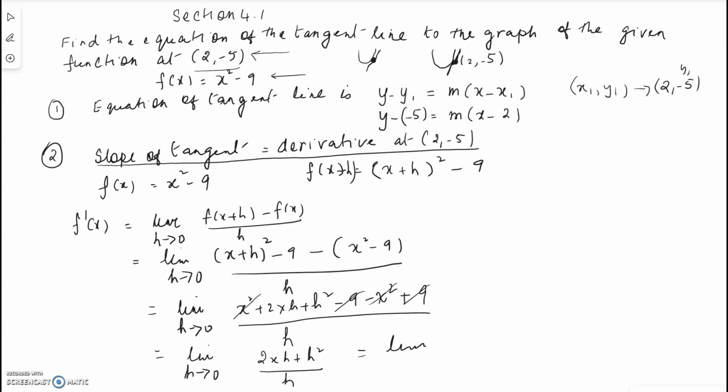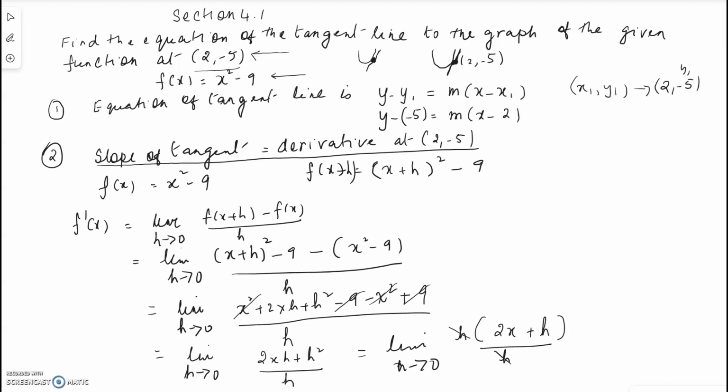Remember, if I substitute the limit, you get 0 over 0. So I factor the h out. So that's h times 2x plus h, divided by h. Cancel the common factor, which is h.